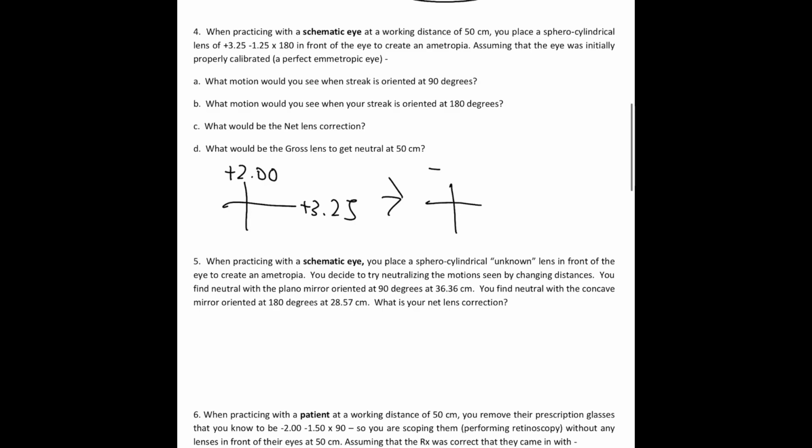Okay, now we're going to flip it. So now it's going to become -2 on this side, and then -3.25. And remember, this is axis 90, and this is axis 180.